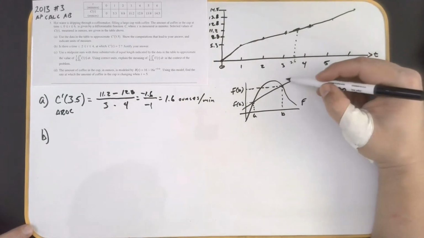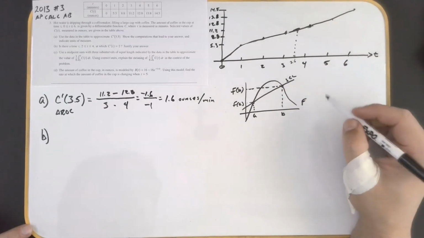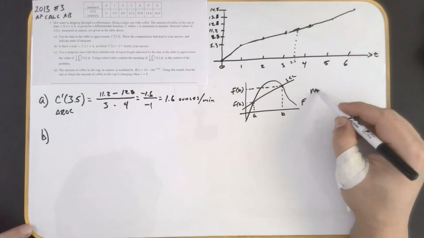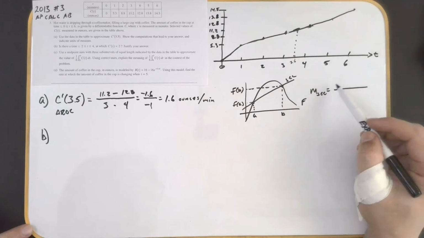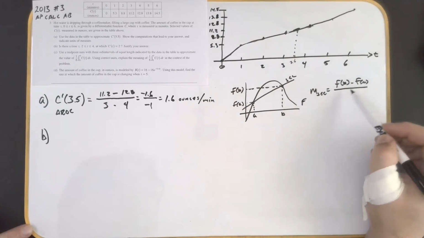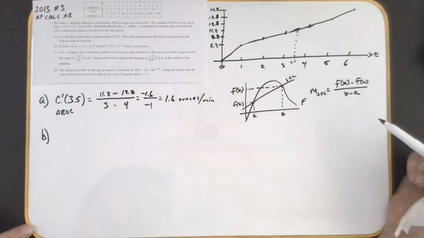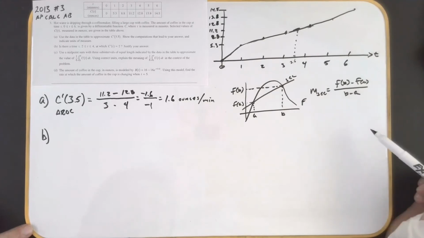And so this is a secant in the interval, and let's calculate that slope. So we'd say, back to algebra 1, the slope of the secant would be the difference in the y values, f of b minus f of a, all over b minus a. That's nothing special, that's just fancy notation for the slope of a line.